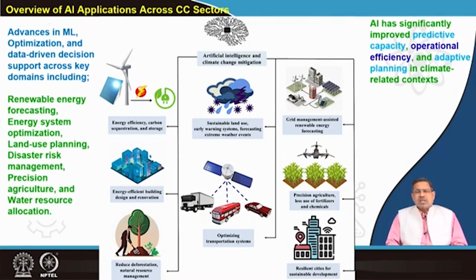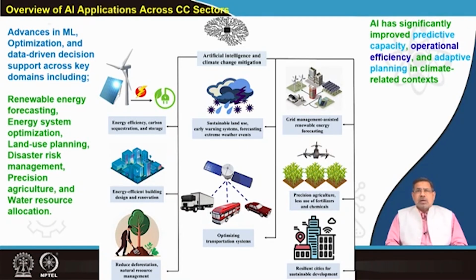Coming to precision agriculture, so less fertilizer, chemicals and all other things are used. We know where and how much, what is the situation in terms of the drought or the nutrient deficiencies, that kind of way our AI processes the data and helps in precision agriculture.